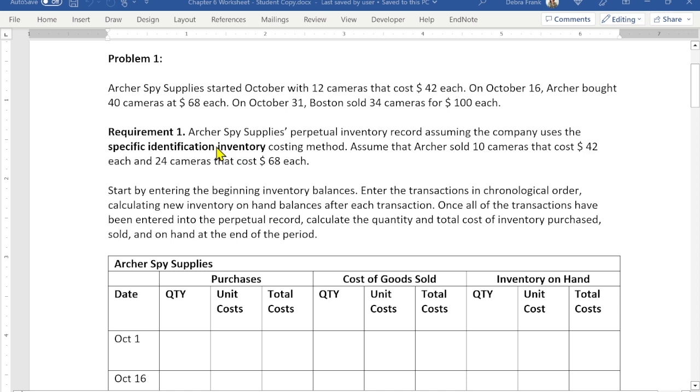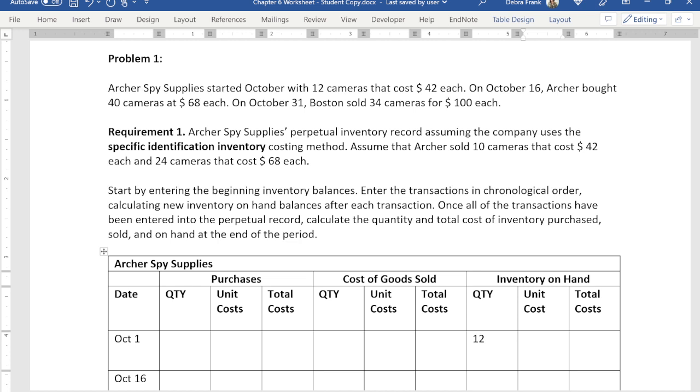What do we have on hand? They started October with 12 at $42. So October 1st, the start of the month, they had 12 cameras sitting there in inventory at $42. And I guess I can bring up a calculator.